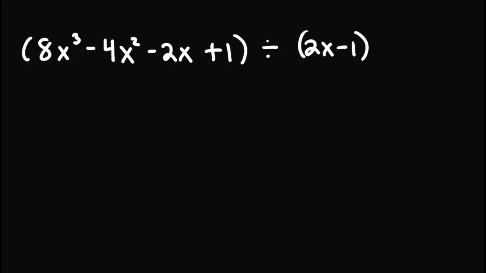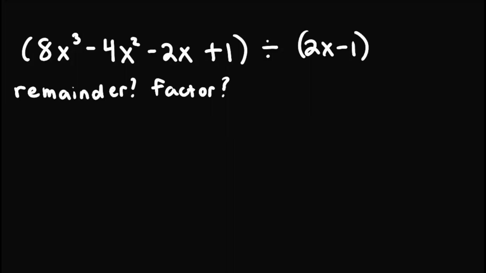Now first, let's find the remainder, and afterwards we determine if 2x minus 1 is a factor of 8x cubed minus 4x squared minus 2x plus 1 or not.